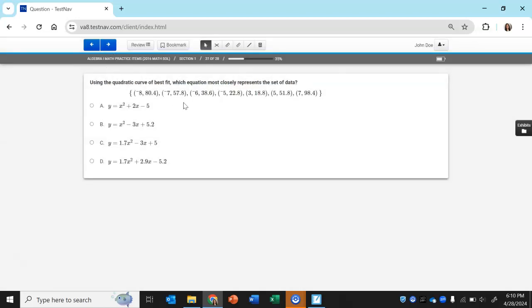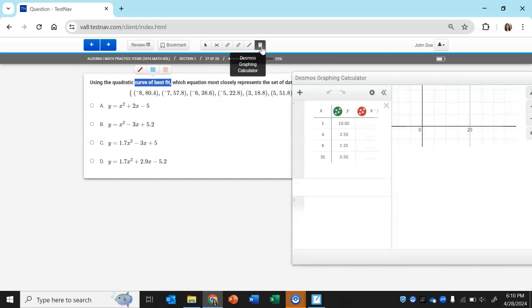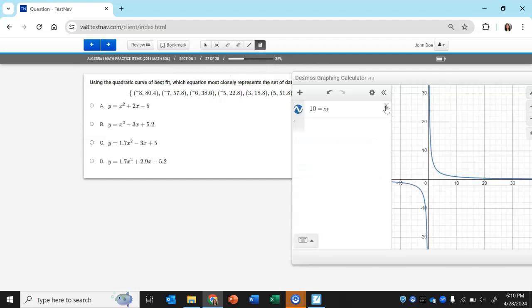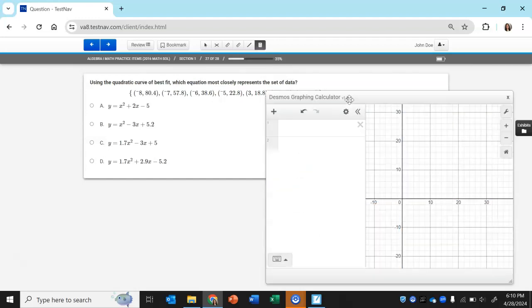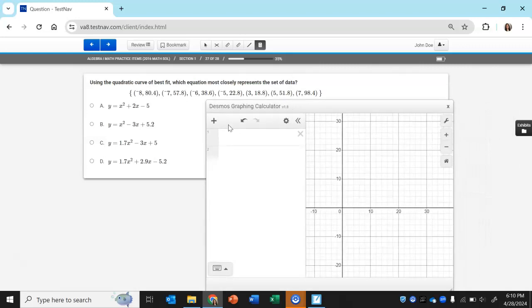27. Using the quadratic curve of best fit, write an equation. Right here, I'm going to go ahead and just put in the table.